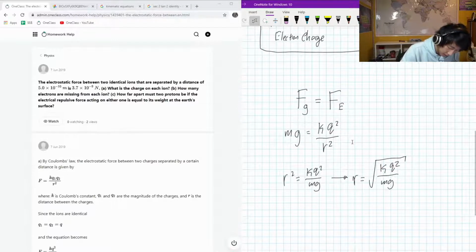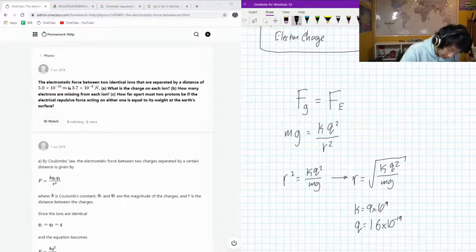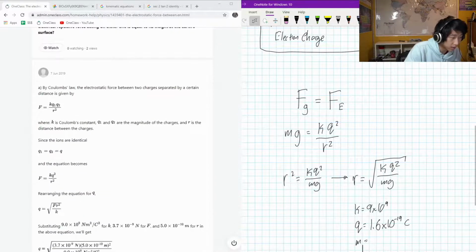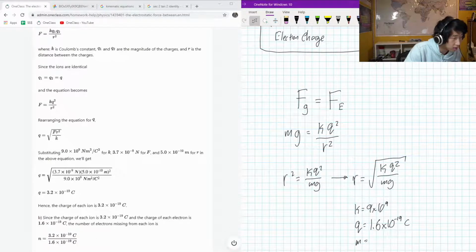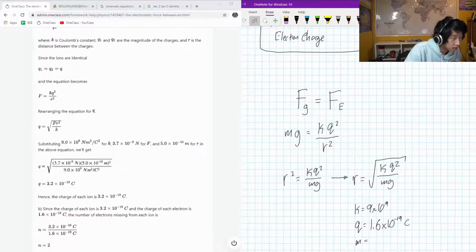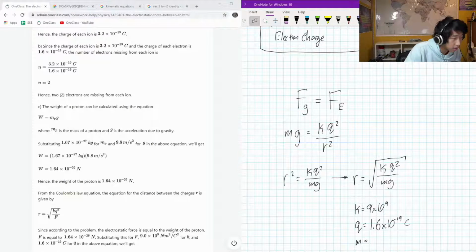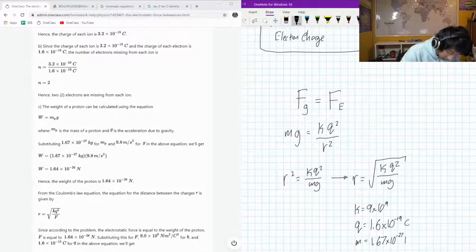Now to sub in the numbers, k is 9 times 10 to the 9. Q is the charge of a proton, which is the exact same as the charge of an electron, so 1.6 times 10 to the negative 19 coulombs. The mass of a proton, if I remember correctly, is 1.27 times 10 to the negative 27, I think. 1.67, so close, times 10 to the negative 27 kilograms.